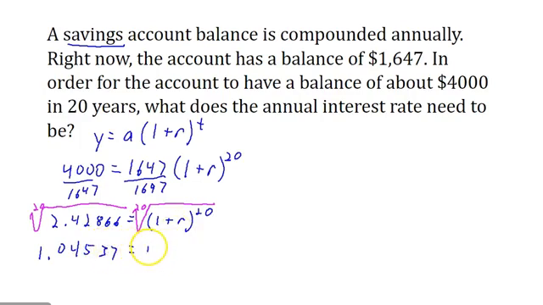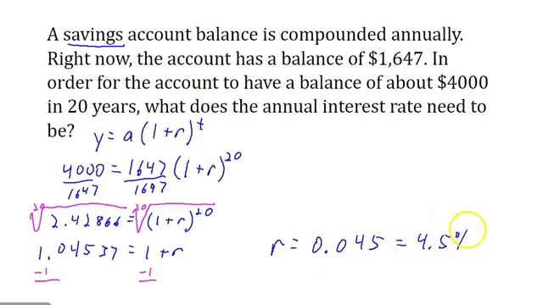And that will equal 1 plus r. So all there's left to do is subtract 1 from both sides. So we get a growth rate of 0.045 or 4.5%.